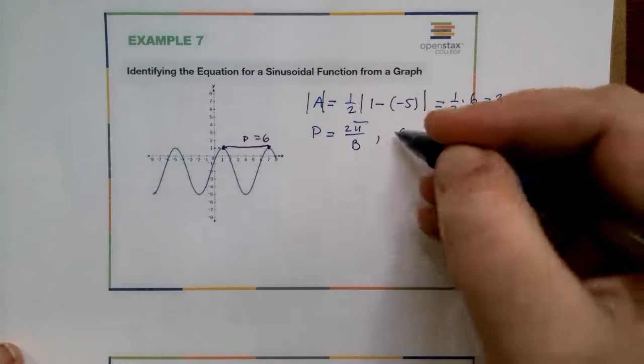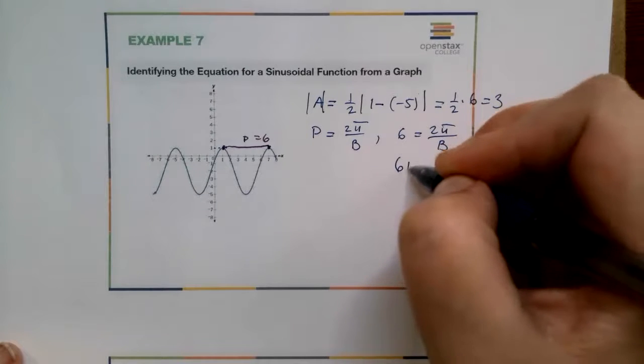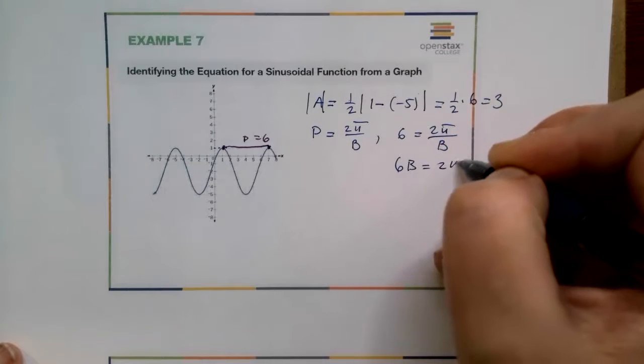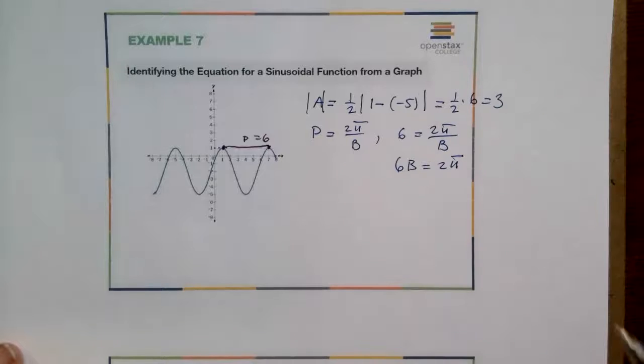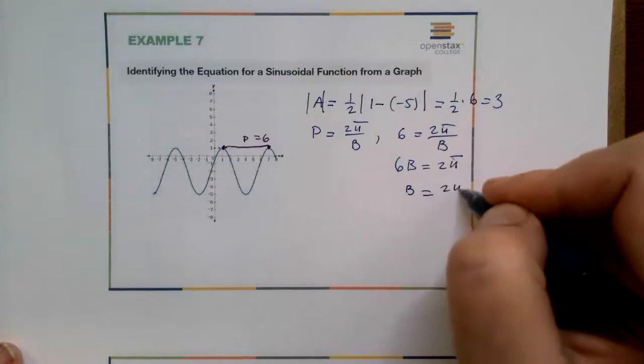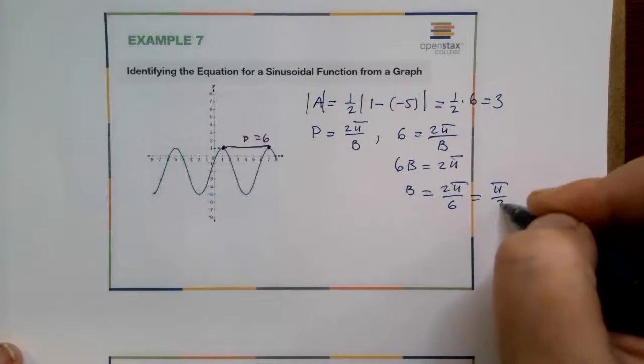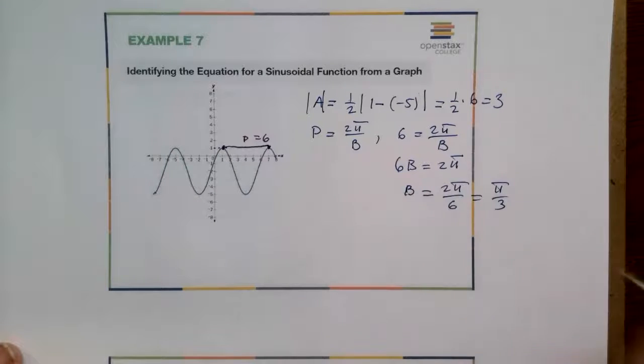I'm going to multiply both sides by b, so I have 6b equals 2 pi. Then I'm going to divide both sides by 6 to get my b. So b is 2 pi over 6, or pi over 3. So b is pi over 3.